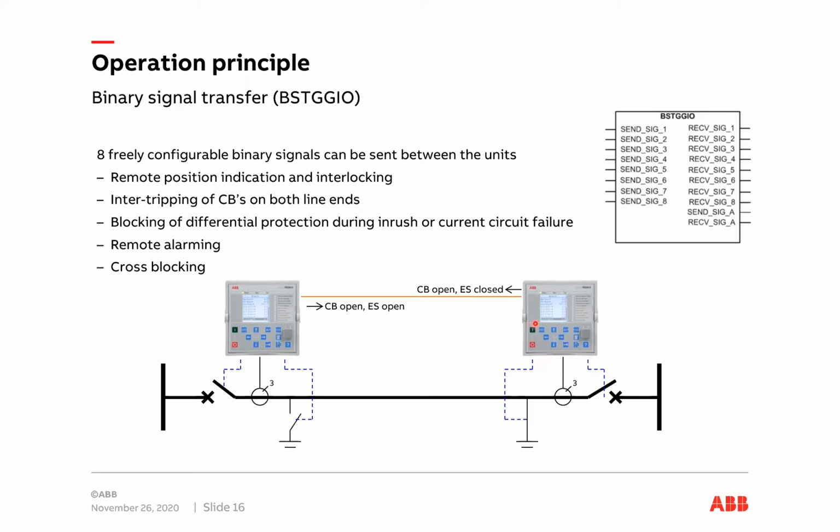And this information is then sent over the protection communication link to the other relay. And since this end of the line is now earthed, we can bring that information to the other relay and create an interlocking logic. So we cannot close the circuit breaker in this end of the line.